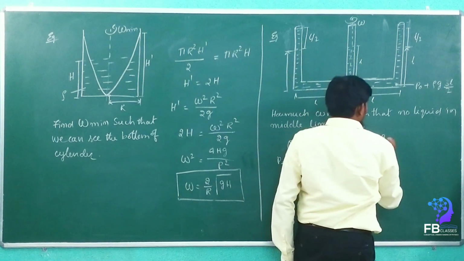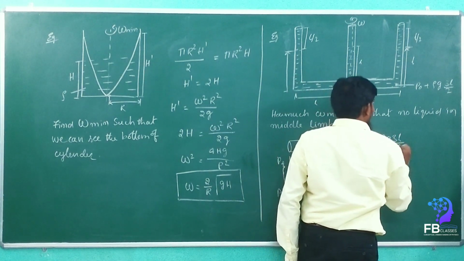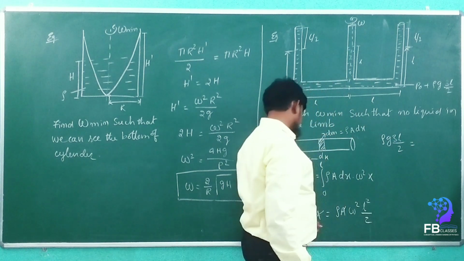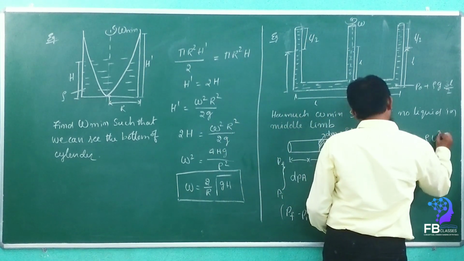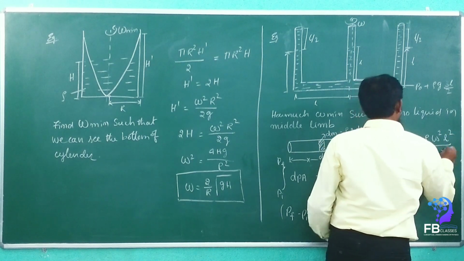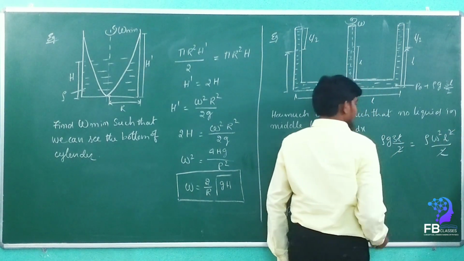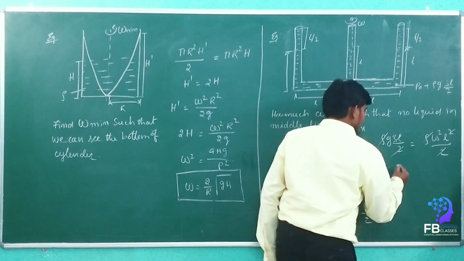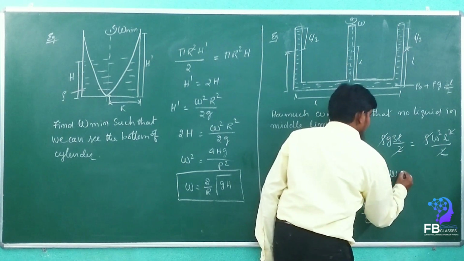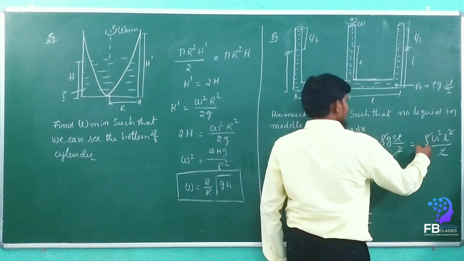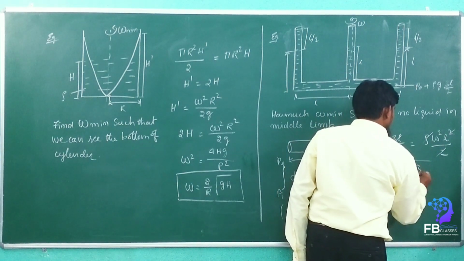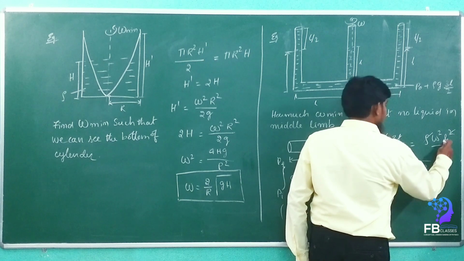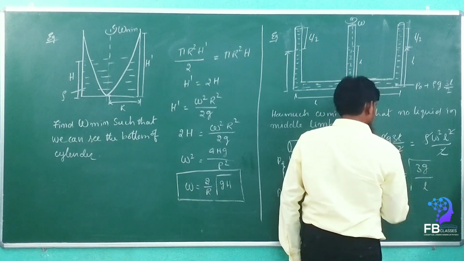That will come as rho g 3L by 2, equal to rho omega square L square by 2. 2 gets cancelled, L gets cancelled, rho gets cancelled. So what remains? Omega is equal to root of 3g by L. So this is the answer.